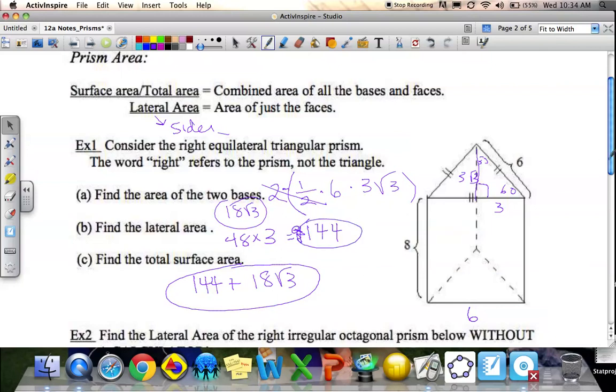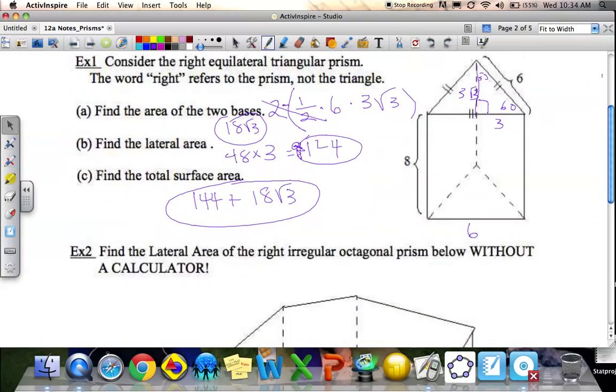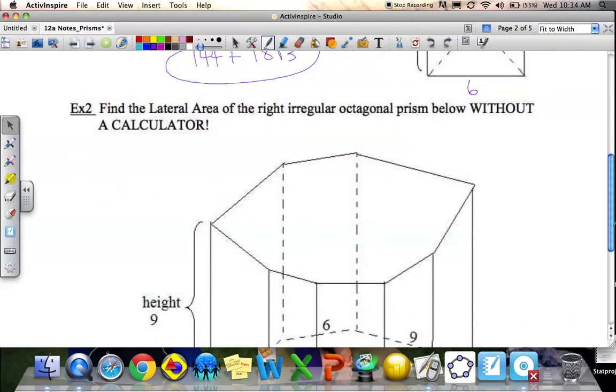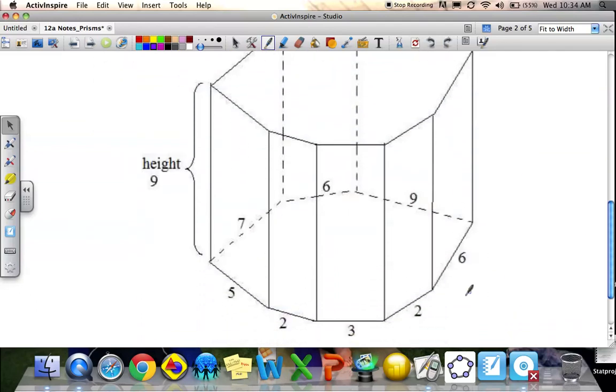Okay, so I want you to find the lateral area, which means the side area, of this octagonal prism without using a calculator. So it gives you information about the side, and it gives you information about the height.